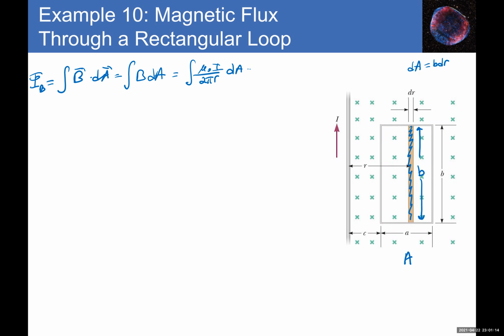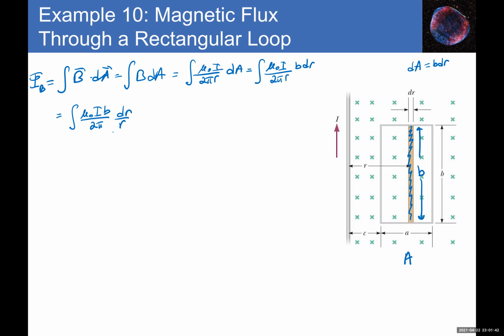That means I can rewrite this as mu naught I over 2 pi r, then b dr. Which means my magnetic flux is equal to the integral of mu naught I b over 2 pi, then dr over r.